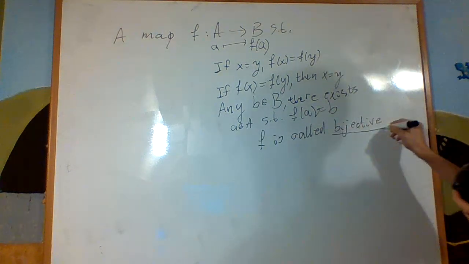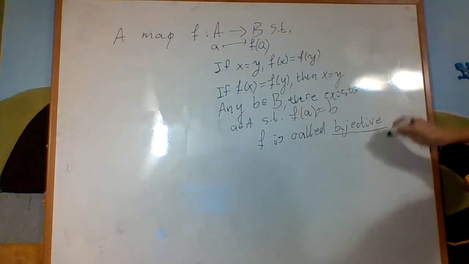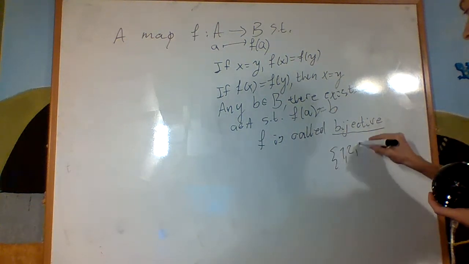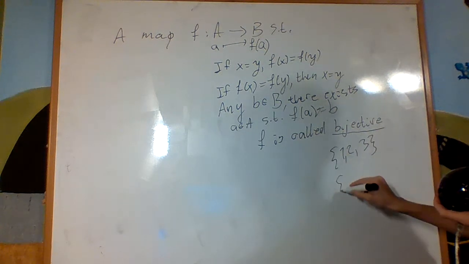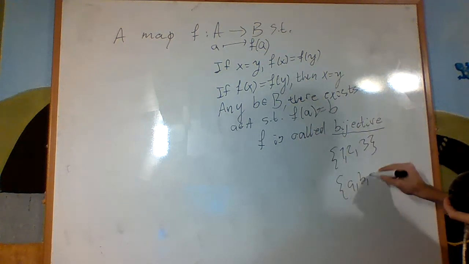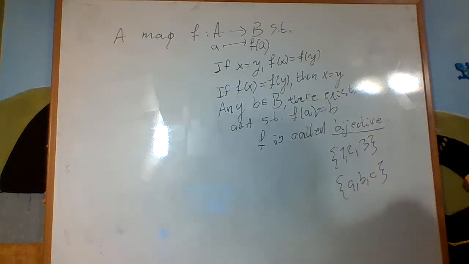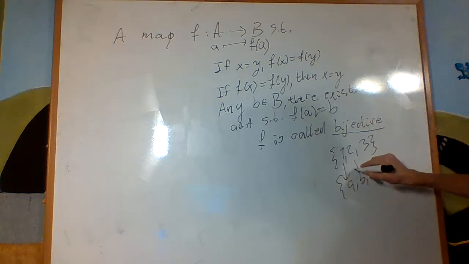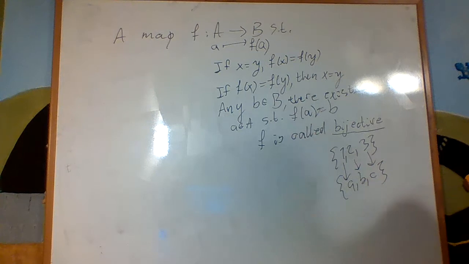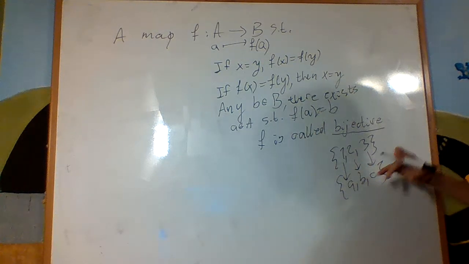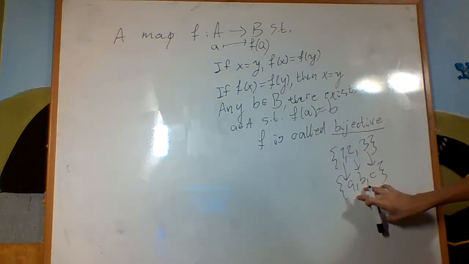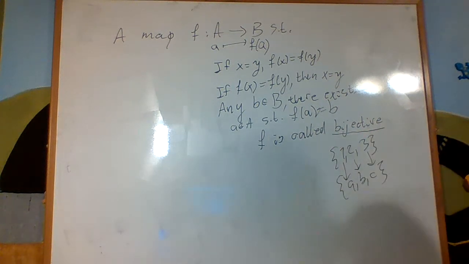Now, this is a little kind of abstract. If you don't understand it, just think back to this example. If I send 1 to A, 2 to B, and 3 to C, no two elements go to the same element, and every element in the output is hit by something in the input.